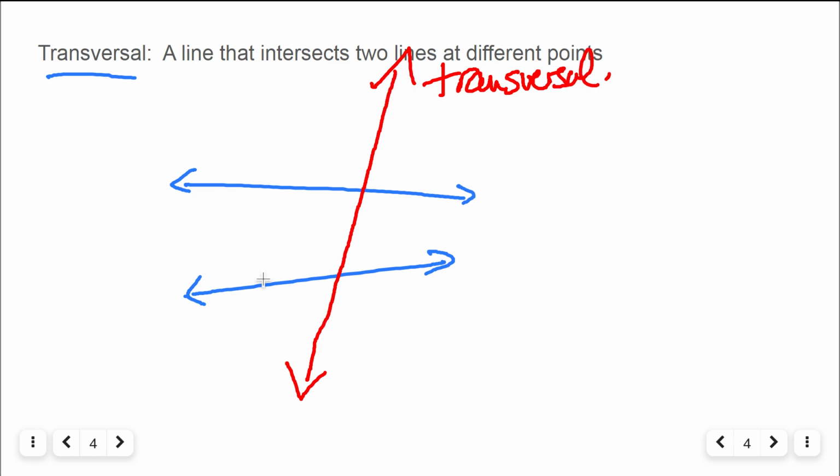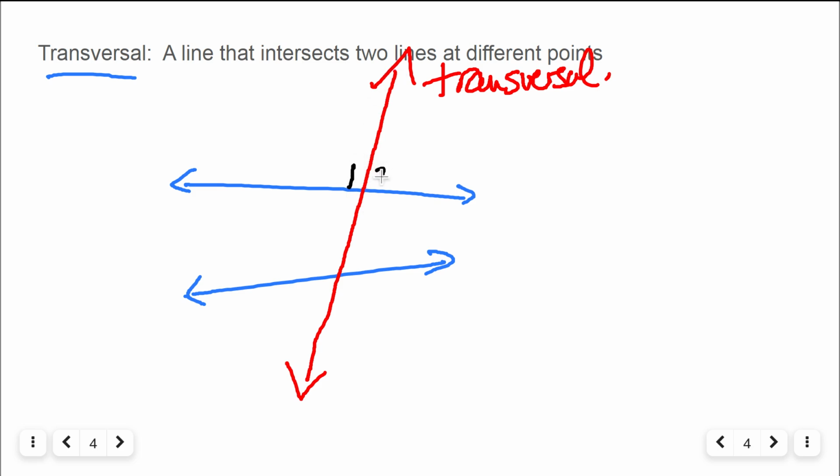All right. Now, what you can notice, hopefully, is you see the red line intersects both of the blue lines. When it does, the intersection between the red line and the blue lines forms angles at each intersection. Okay, hopefully you can see it forms 8 angles.